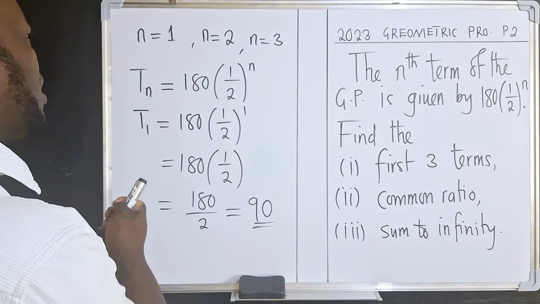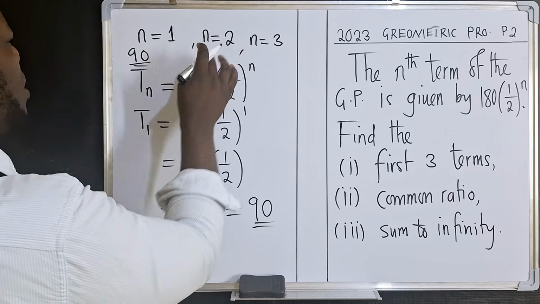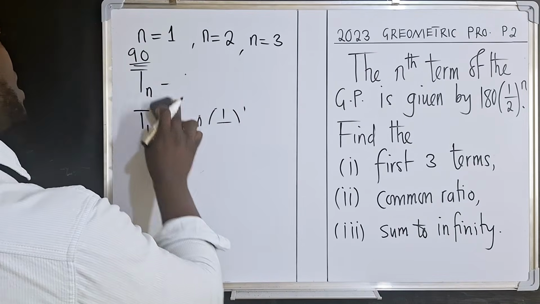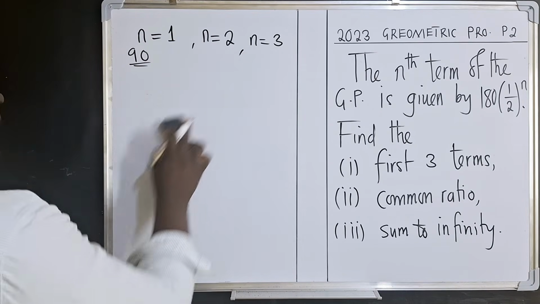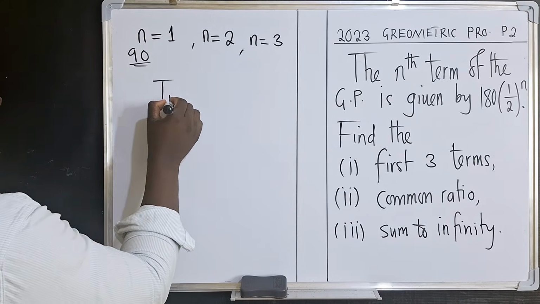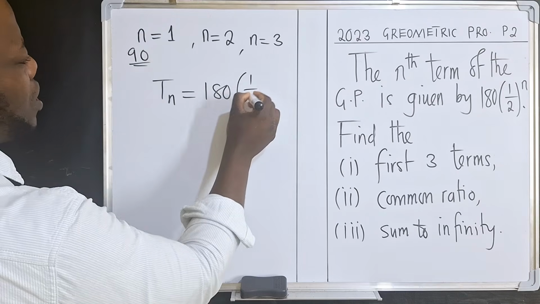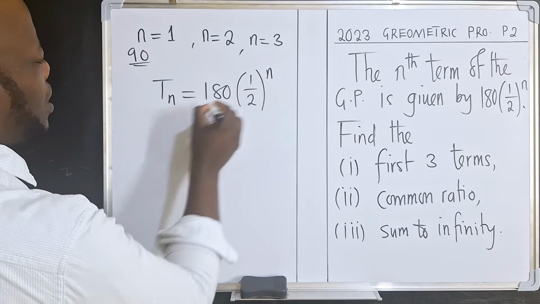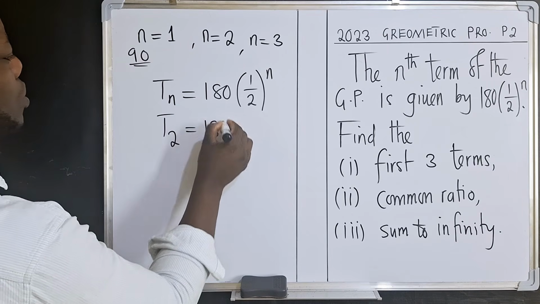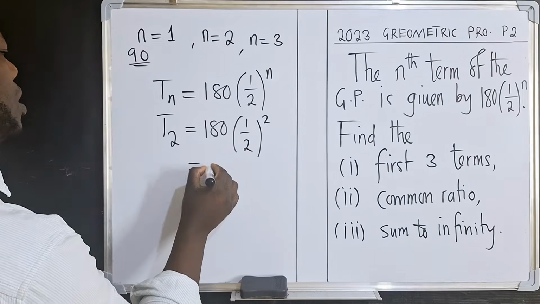So our first term for the progression is 90. We can write 90 right here because we're looking for the first, second, and third terms. After finding the first term, we go to the second term, and we do the same procedure. Get the given formula, and where there is n, you substitute 2.